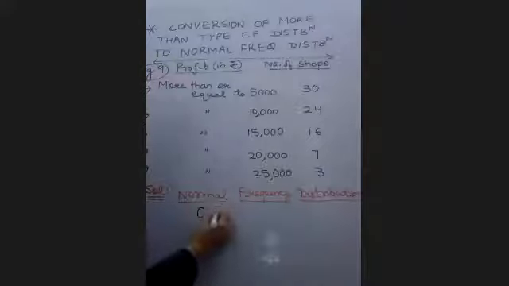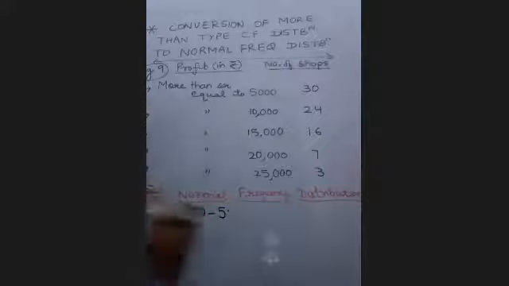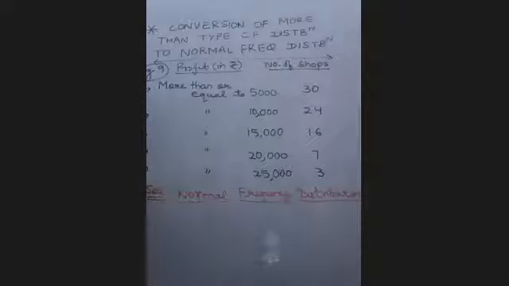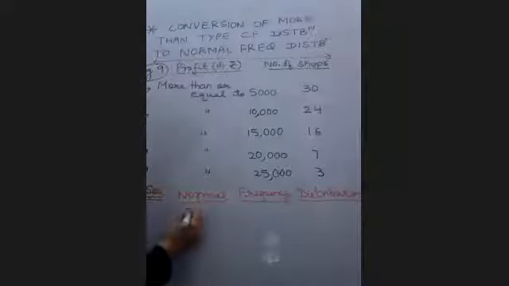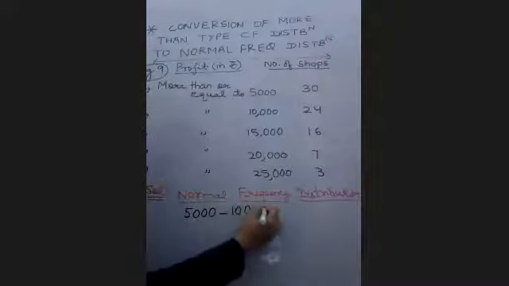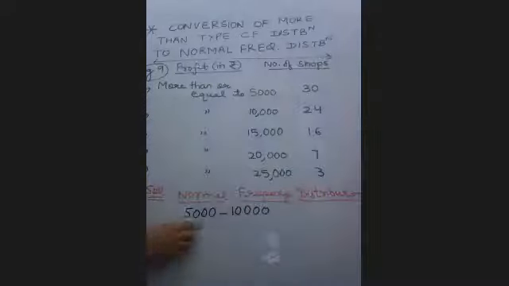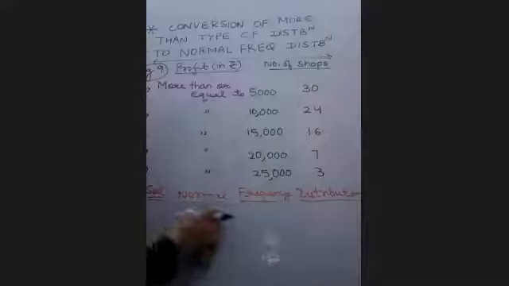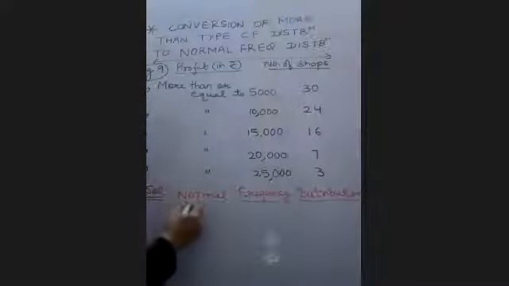It is more than or equal to 5,000, 5,000 or even more. So 5,000 will form lower limit or upper limit? Lower limit. We missed one thing, I have not written the heading. So let's write the heading first.